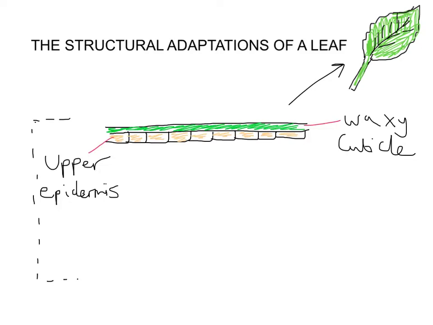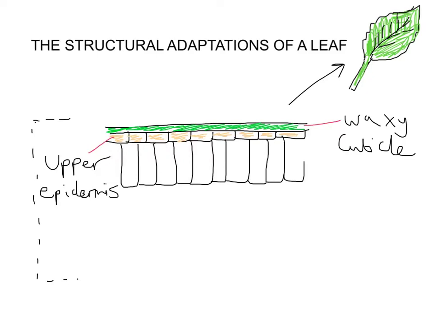Now, beneath that layer, we have, now in lower school, when you're asked to draw the typical plant cell, what you've really been drawing is, in fact, this structure that I'm drawing now, and it's called the palisade cell.